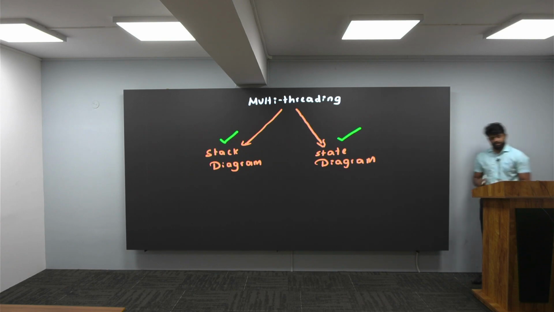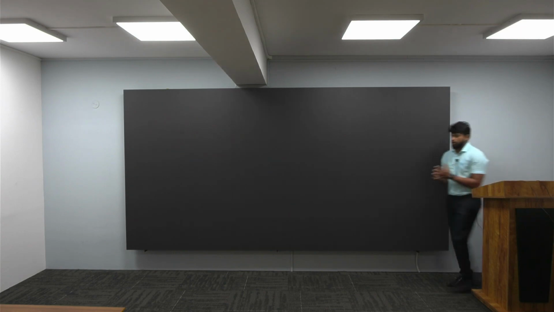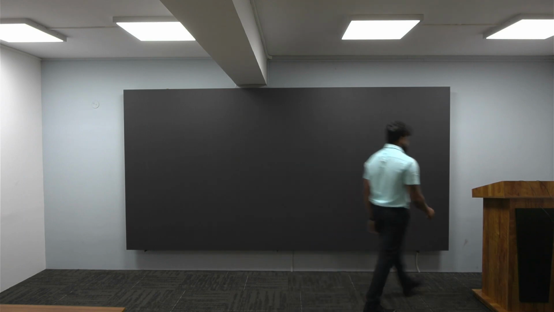So now you will ask me, what is a state diagram all about, sir? Any thread you take in Java, all threads will have states. Now you'll ask me, what states are those, sir? Buckle up and watch this.